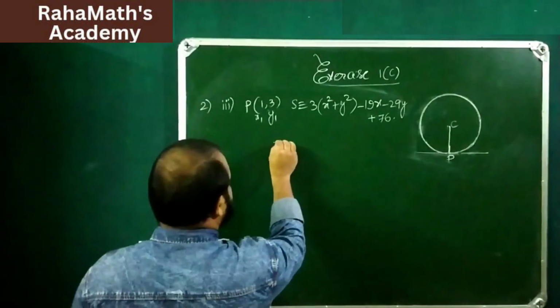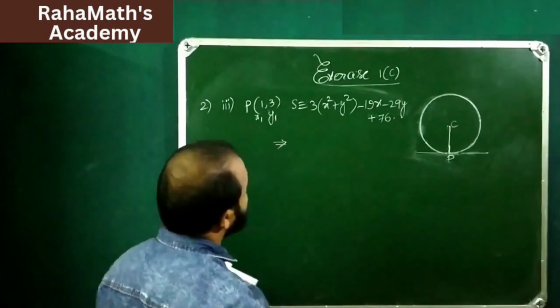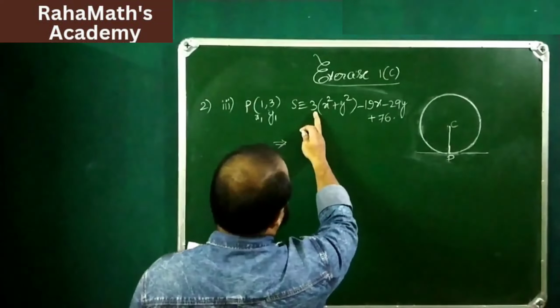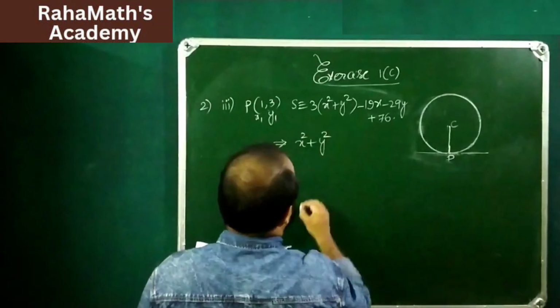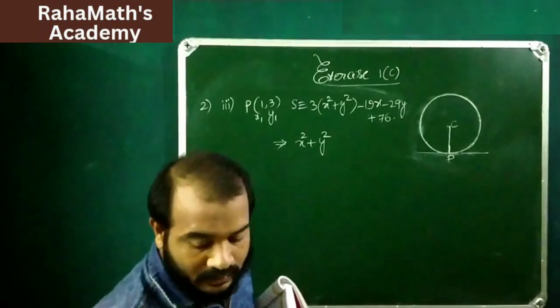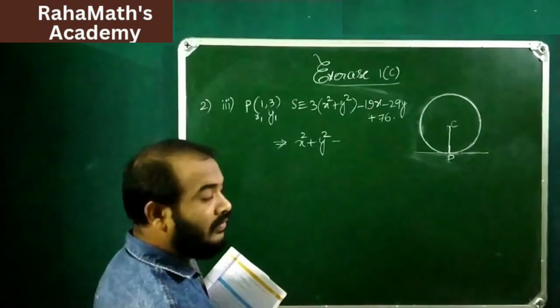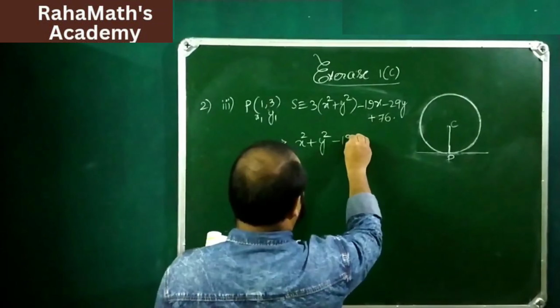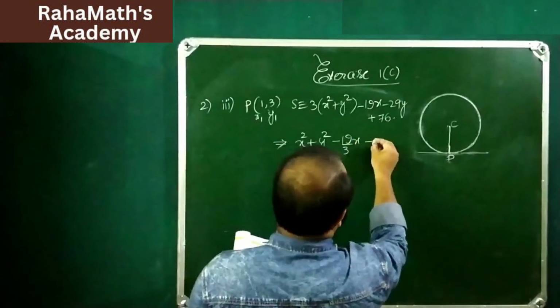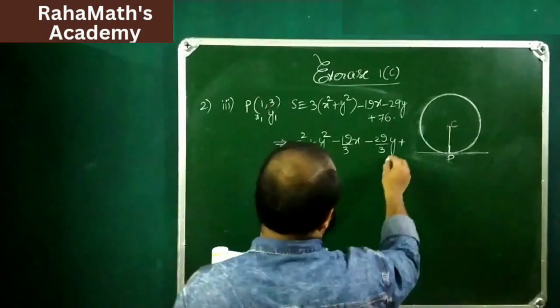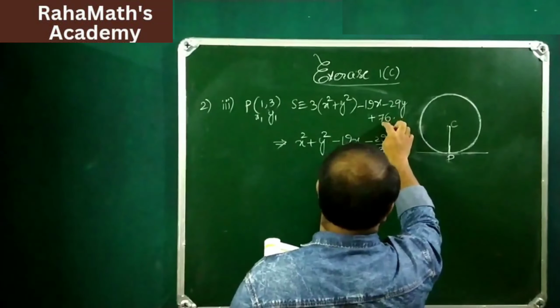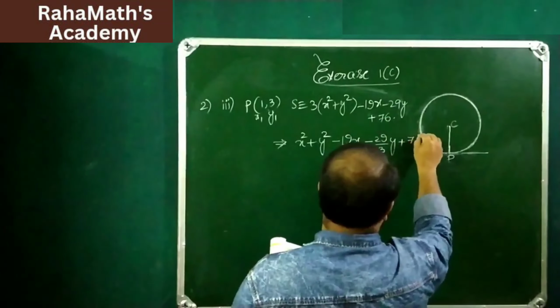So first let us take 3 as a, let us divide this with 3. So x square plus y square minus 19 by 3 x minus 29 by 3 y plus 76 by 3 is equal to 0.